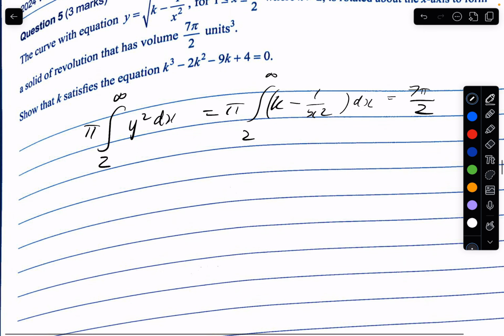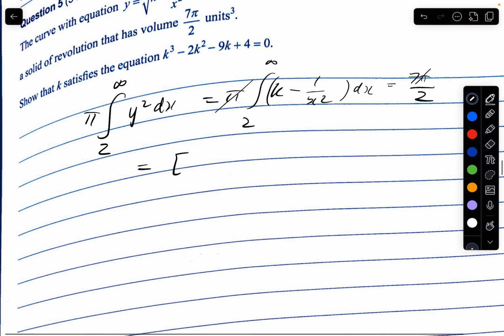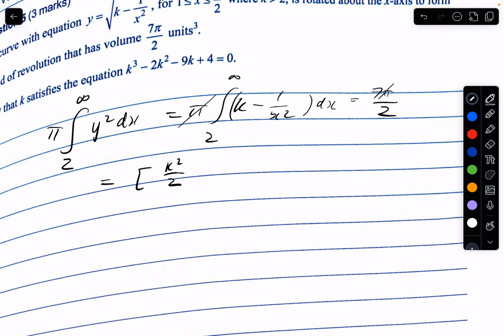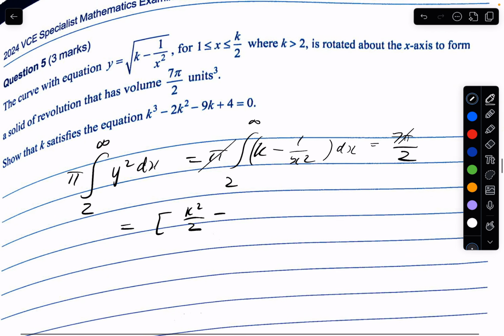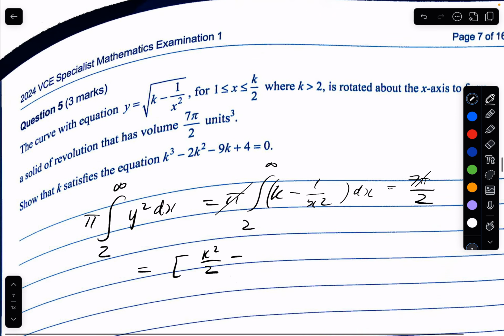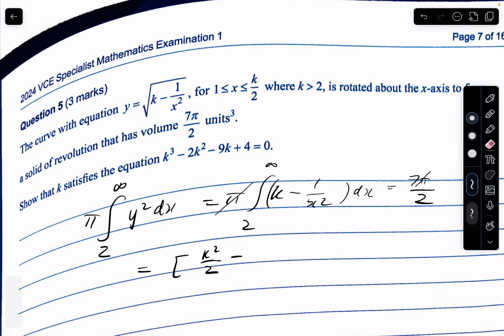And then we say that pi times, so we can cancel the pi's. And we've got k squared over 2 minus, whoops, not 2 to infinity. x only goes up to k over 2.